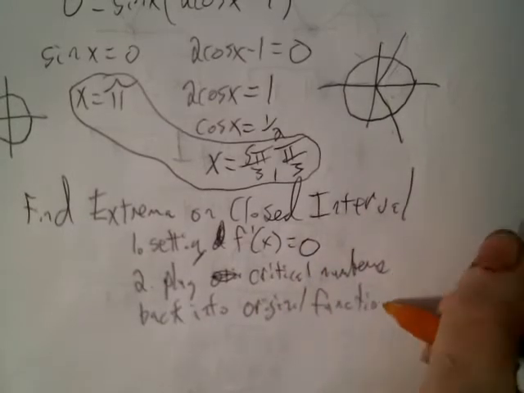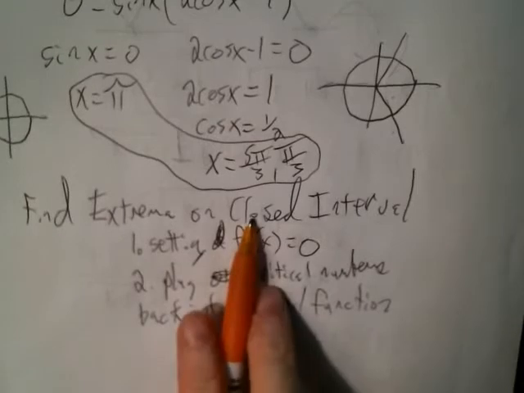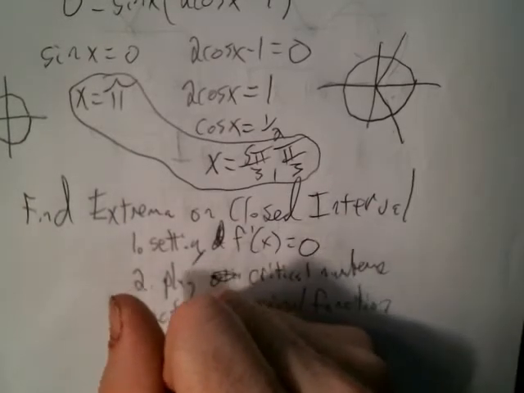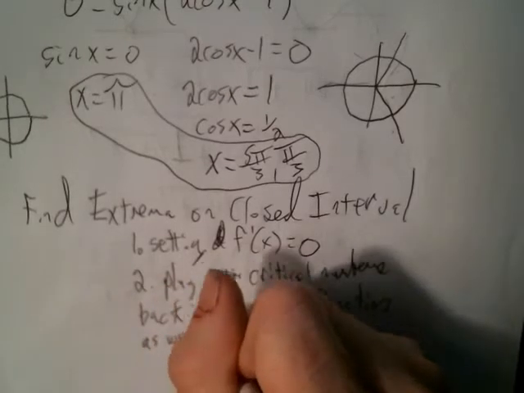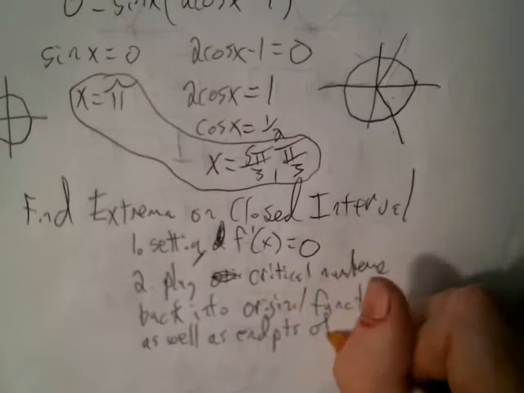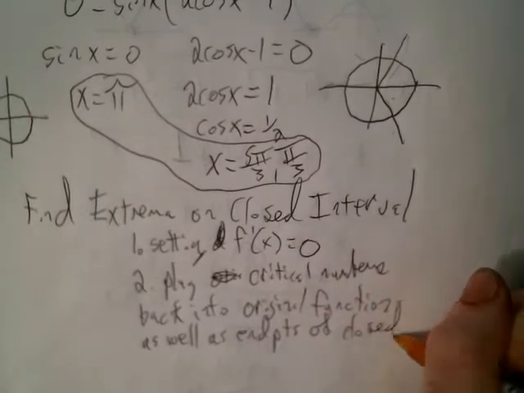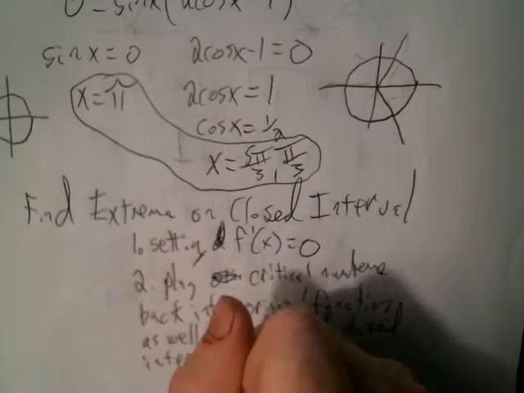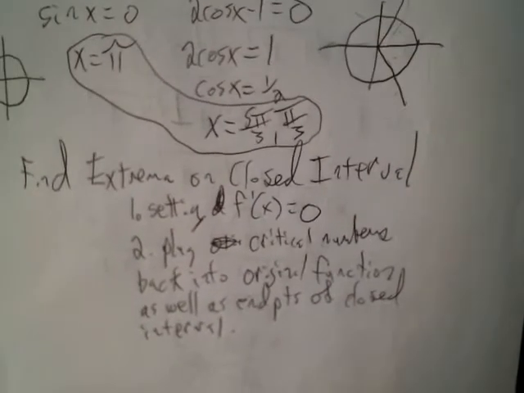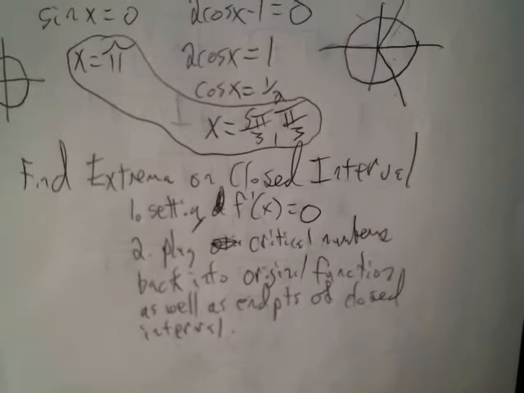But not just the critical numbers. We also have to include the endpoints of the closed interval. Okay, so once you do that, then you just pick off what's the biggest number and what's the smallest number, and then that's it. Okay?